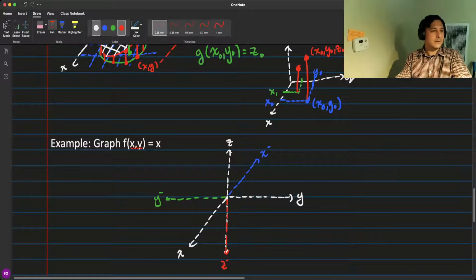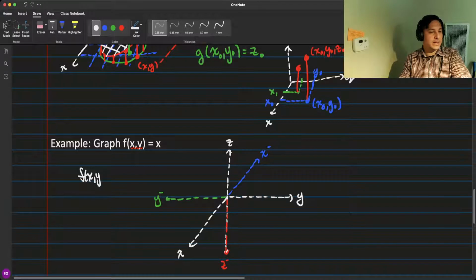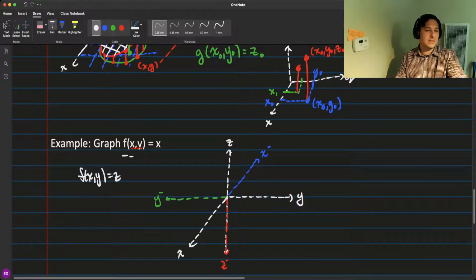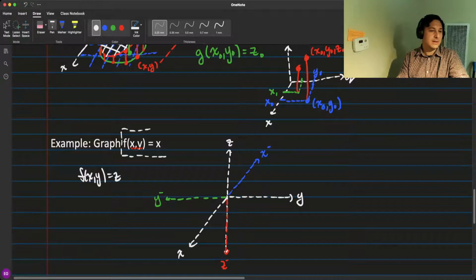So remember, we know that f of x, y equals z, but my question is, what is the formula for z? Z only depends on what for this particular function? There we go, yes. So basically, if you look at the x-coordinate, that will tell you how high up you go.